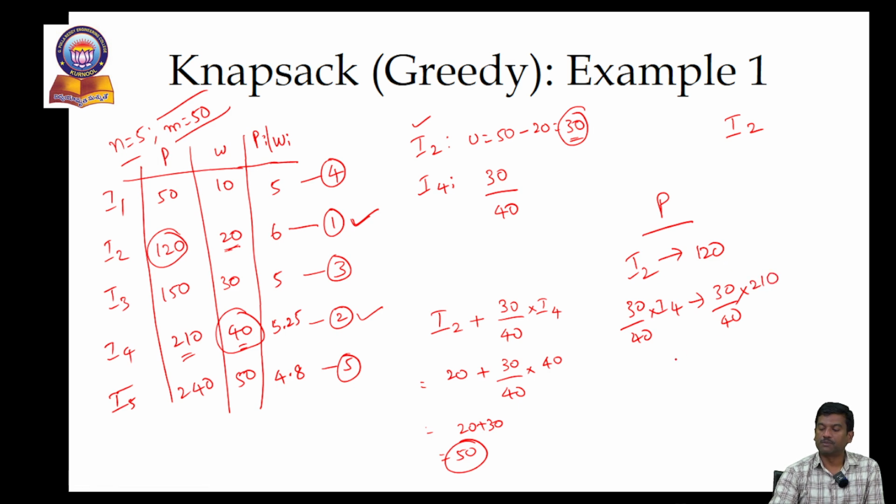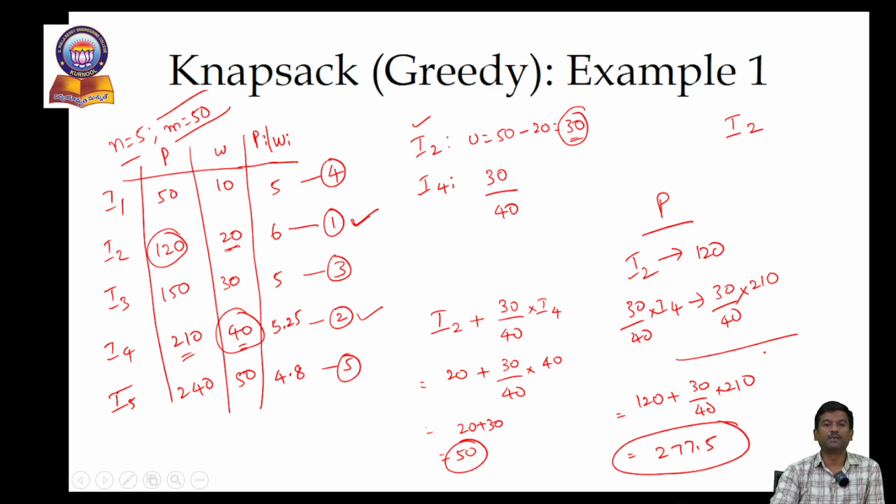So you need to sum up these values: 120 plus 30 by 40 into 210. The value you get is 277.5. This is the maximum profit that can be earned, solved using the greedy approach for the knapsack problem.